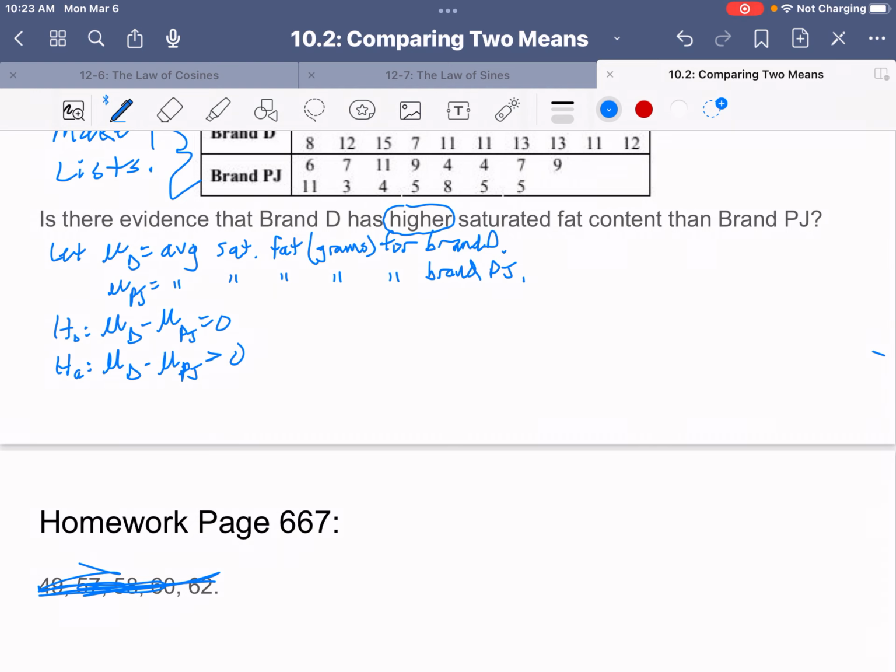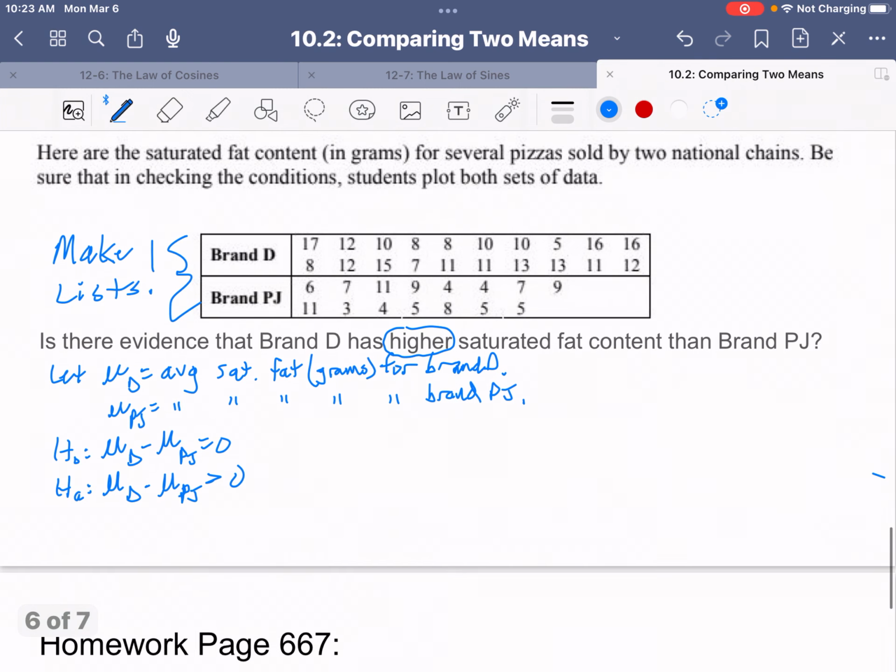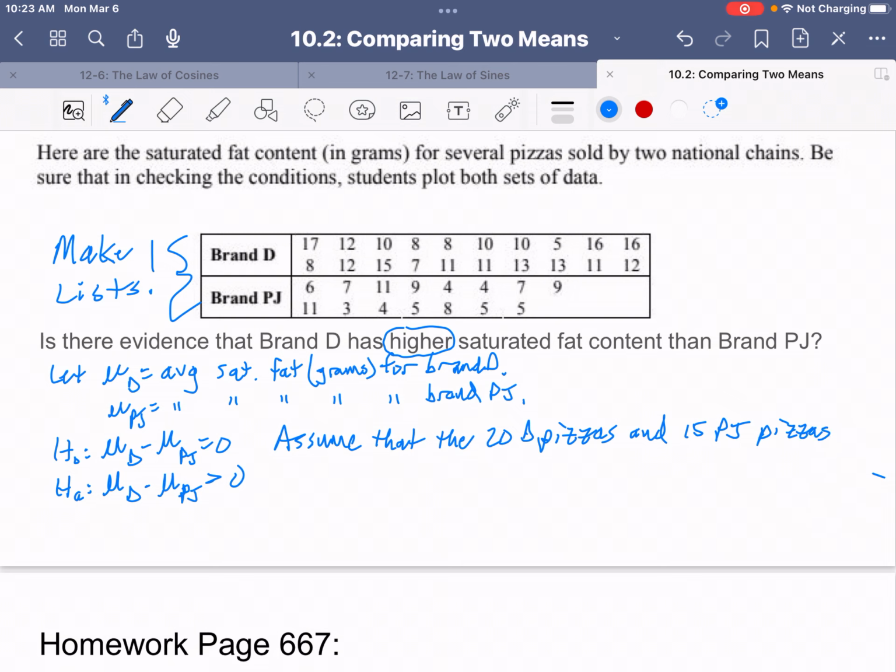All right, well, let's see. Let's assume that the 20 D pizzas and the 15 PJ pizzas were randomly chosen.